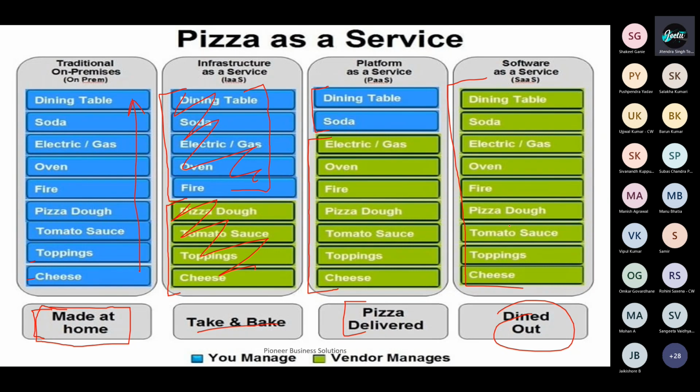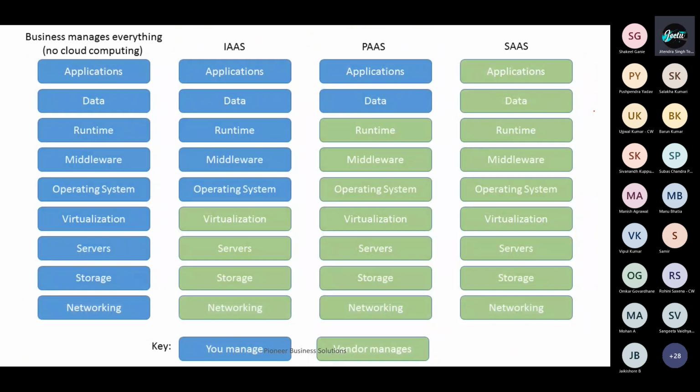Now I'm going to compare this example with the next part, that is this one. So here you can see, when you talk about your own infrastructure, your on-premises infrastructure, what you have to manage. You have to manage the networking of your environment.